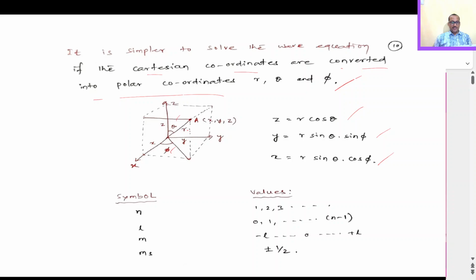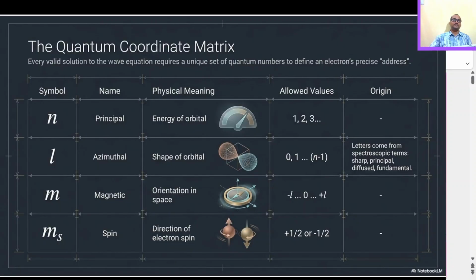And for each value of n, suppose n equal to 1, 2, 3, the L values will vary from 0 to n-1, and m values will vary from -L to +L. And the spin quantum number ms is either +half or -half. So here you can have a better flavor.